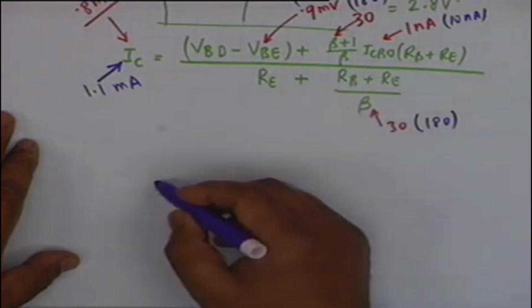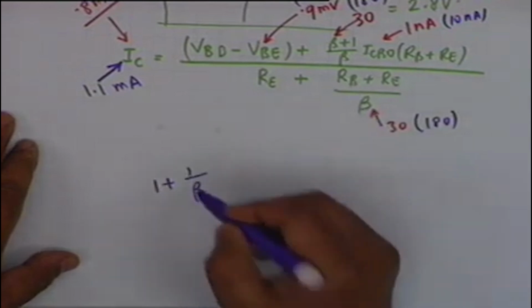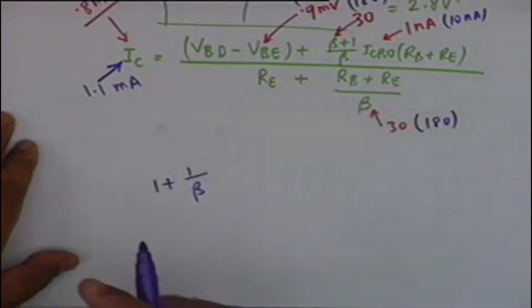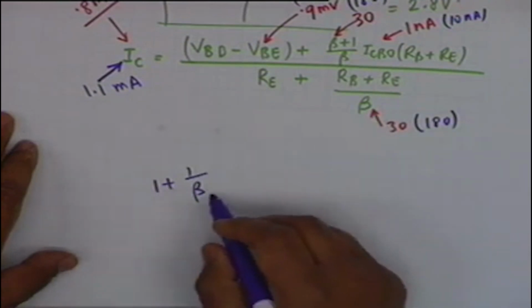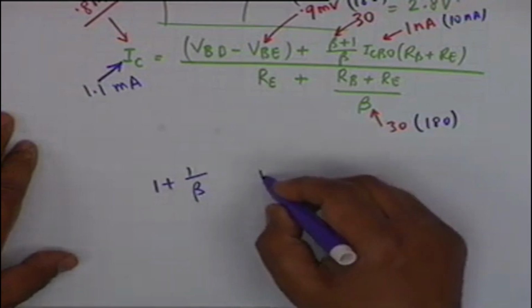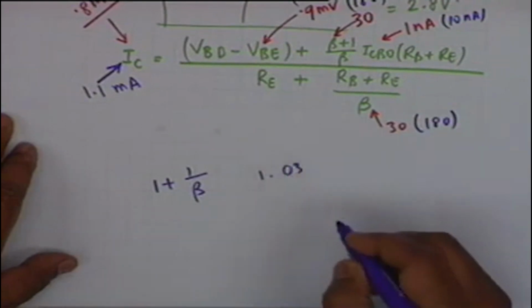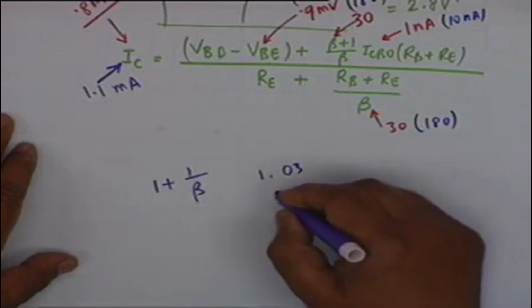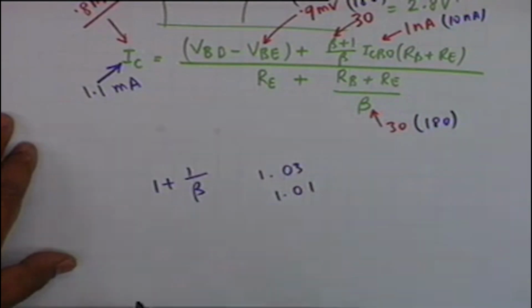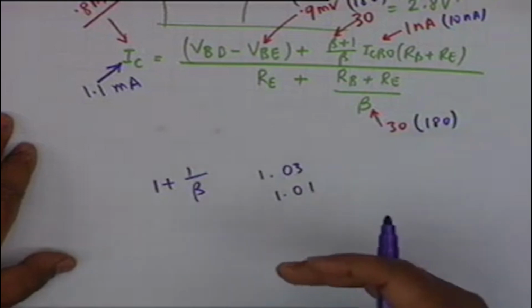As I said, 1 plus 1 over beta, when beta changes from 30 to 180, doesn't make much of a difference, because 1 by 30 is 0.03 and 1 by 100 is 0.01. So it doesn't make much of a difference.